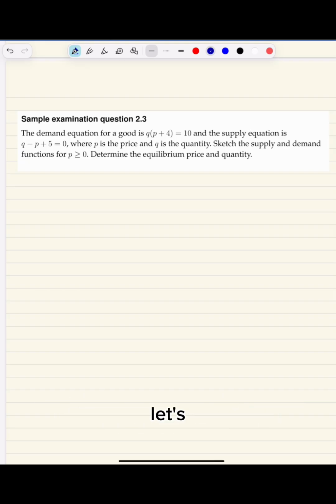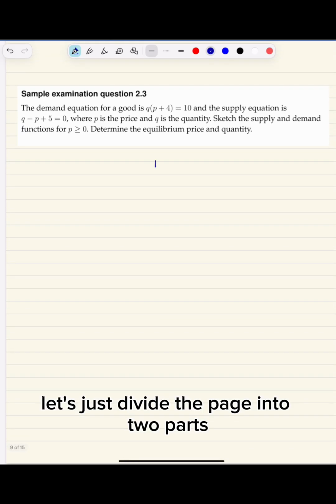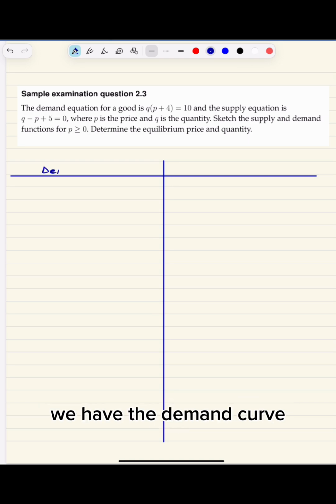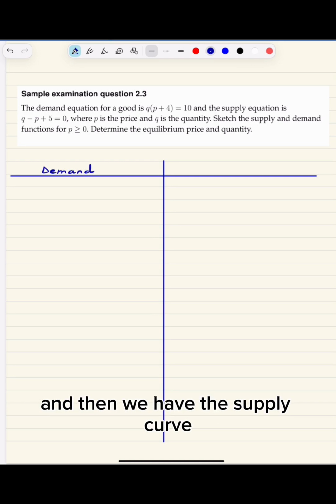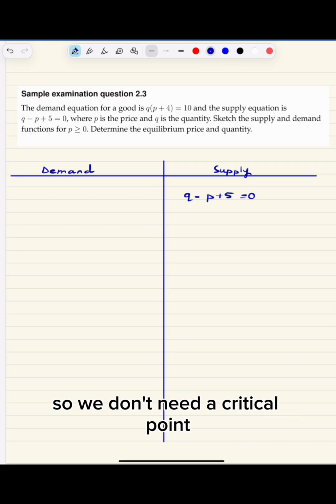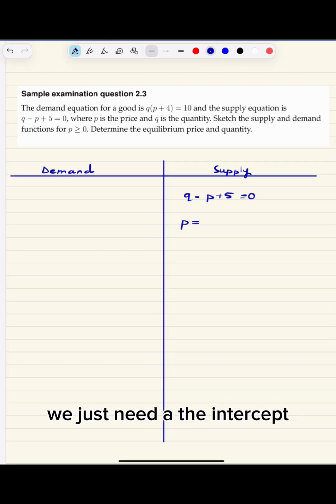Okay, let's just divide the page into two parts so we can solve them side by side. We have the demand curve and then we have the supply curve. The supply curve looks easier because it's just a linear line, so we don't need a critical point, we just need the intercept.